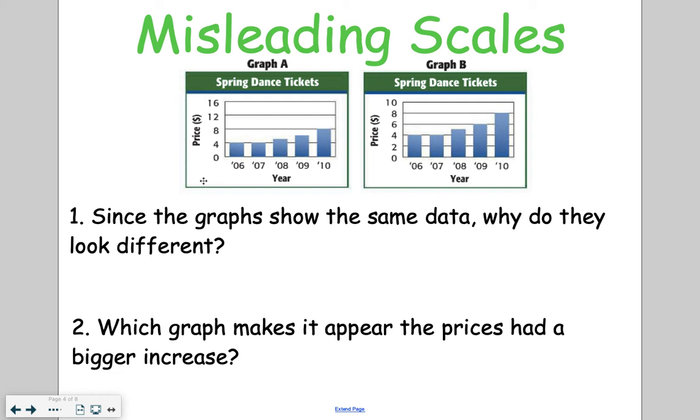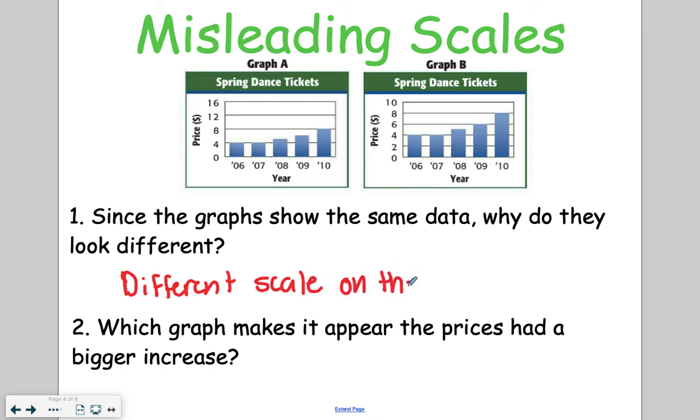So now we're looking at 2 different graphs. The first question is, since the graphs show the same data, so 4, 4, 5, 6, and 8, again, 4, 4, 5, 6, and 8, why do they look different? The reason they look different is that we have a different scale on the y-axis.